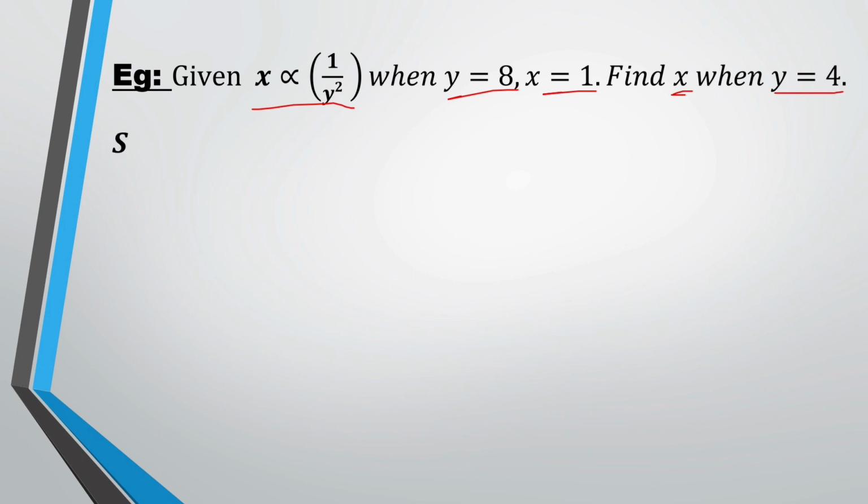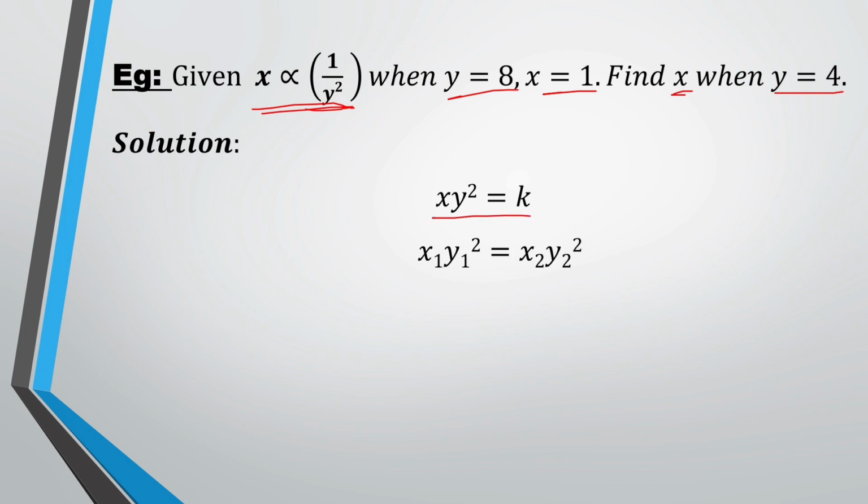So let's see the solution. xy square is equal to k. From this condition, we have got this xy square is equal to k. So x1 y1 square is equal to x2 y2 square. Here y1 is equal to 8, x1 is equal to 1, and let it be x2, what we have to know, the unknown value of x, and this is y2.